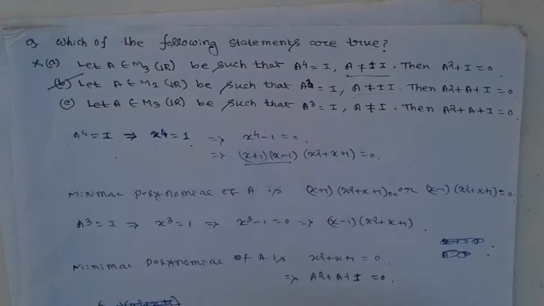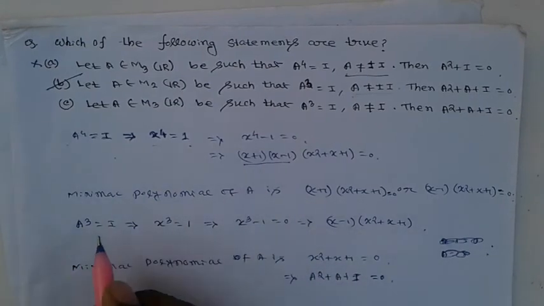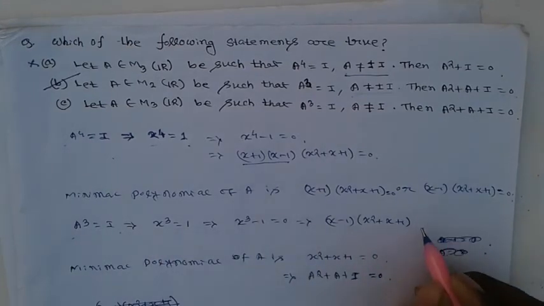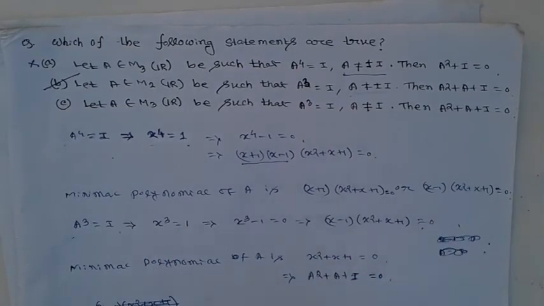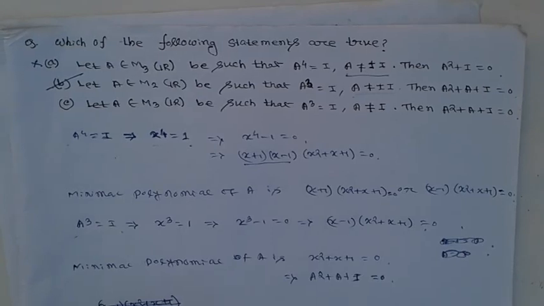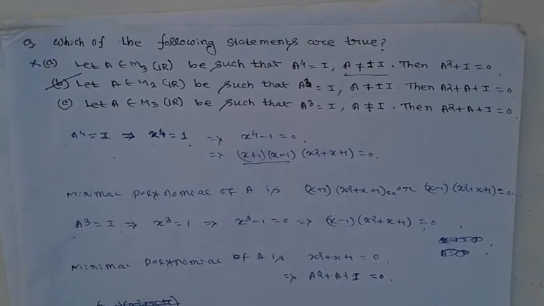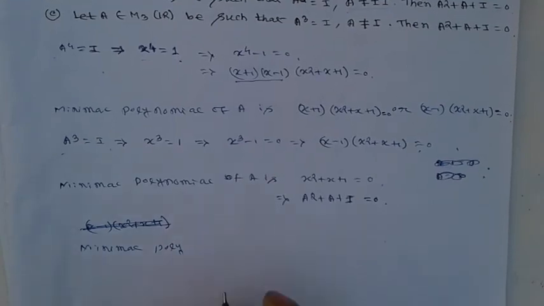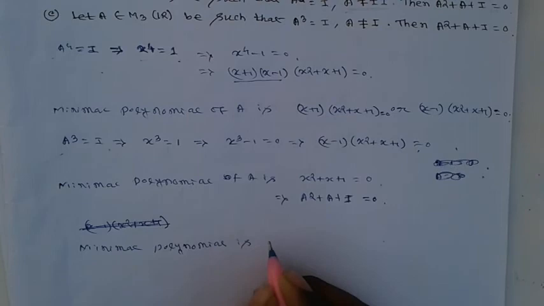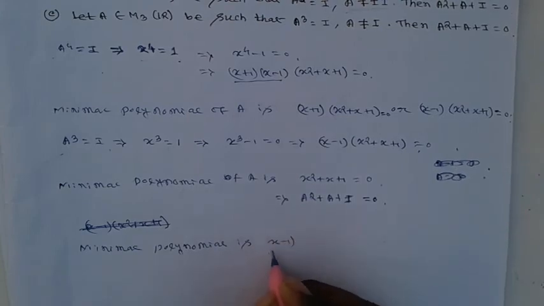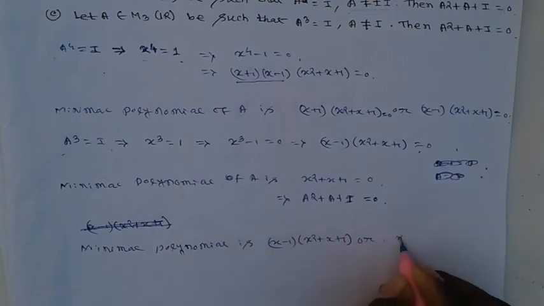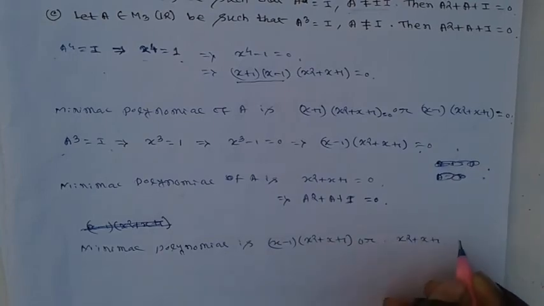Now for a similar equation, A cube equal to I, this implies this. Here the minimal polynomial is either x minus 1 into x square plus x plus 1 or x square plus x plus 1.